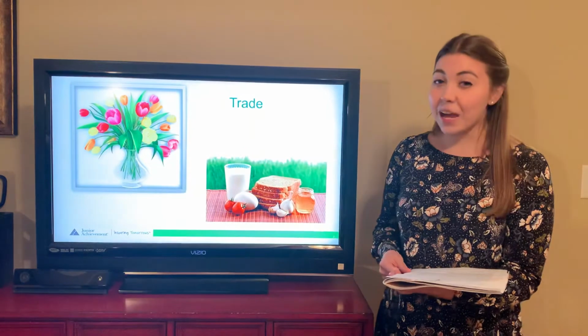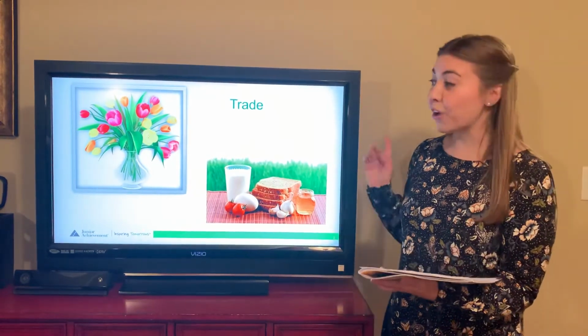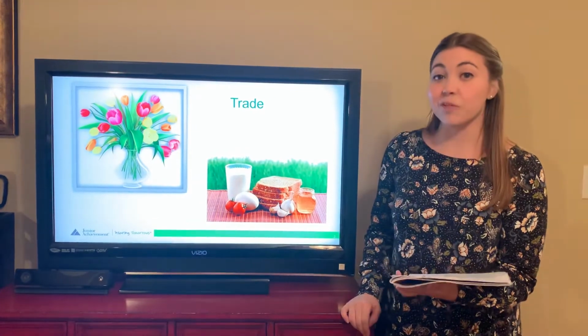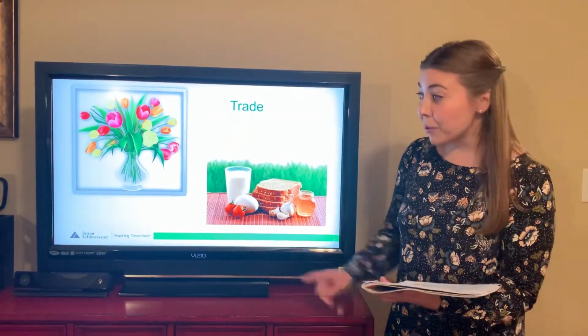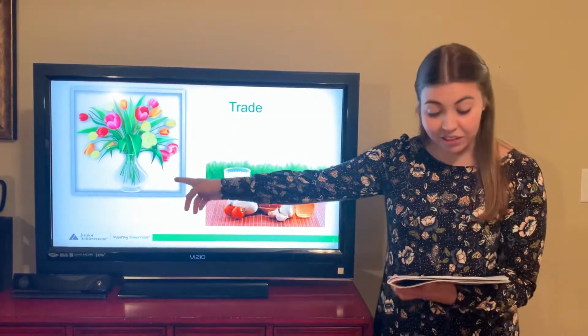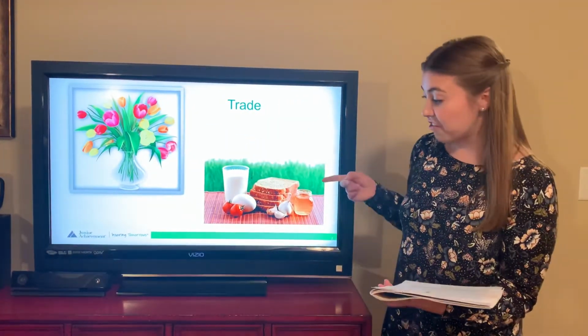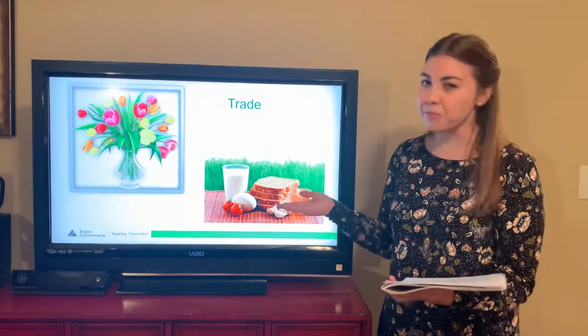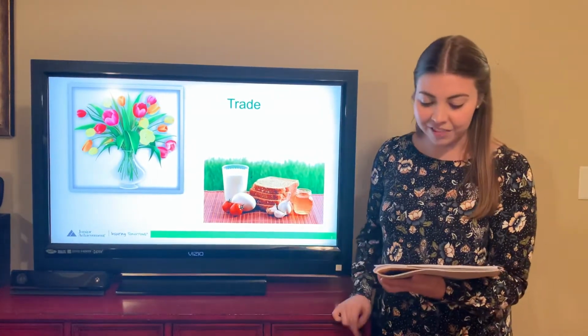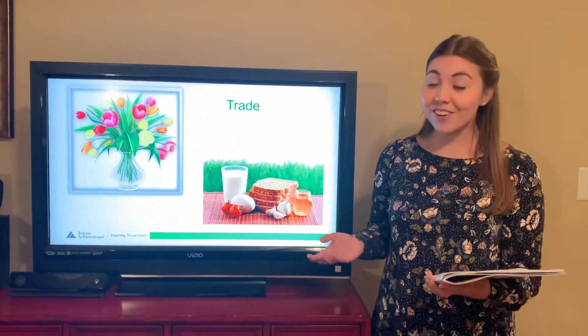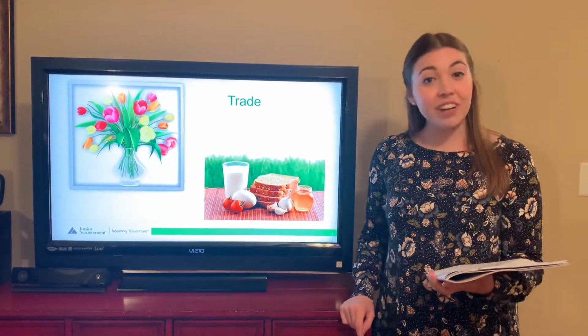Now, a long time ago, people traded with each other for the things that they needed and wanted. So if one person grew pretty flowers, he or she might trade those flowers for milk, bread, tomatoes, things like that. Do you ever trade things maybe with your brothers and sisters or with a friend?